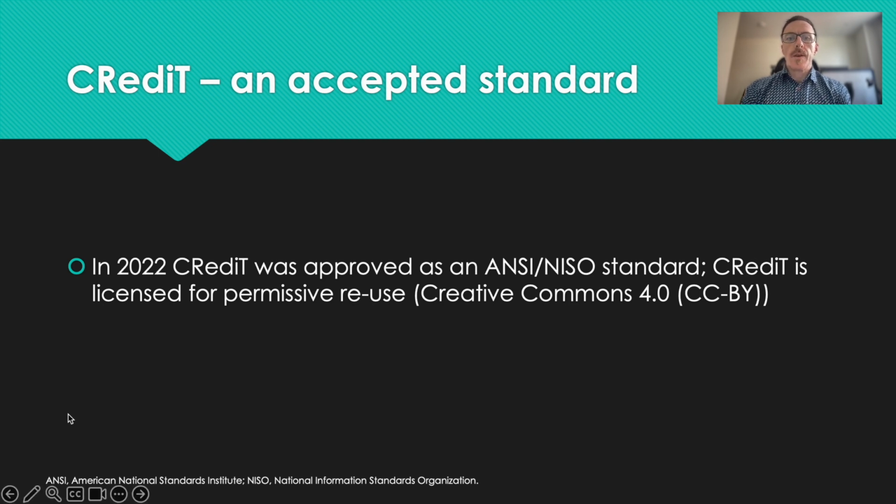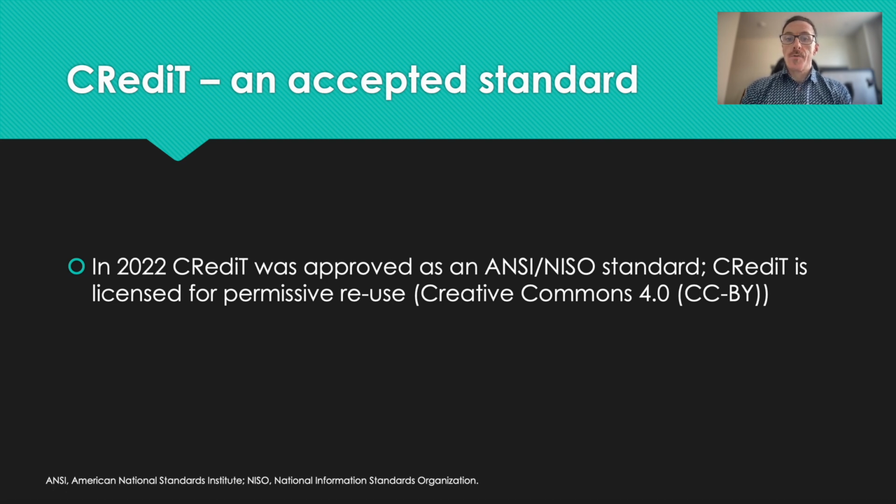So finally, it's worth noting that in 2022, CRediT was approved as an ANSI NISO standard. NISO is the National Information Standards Organization, and they're accredited by the ANSI, the American National Standards Institute.